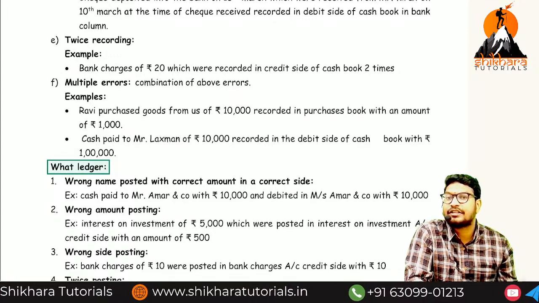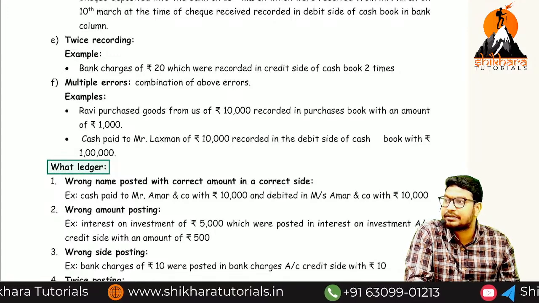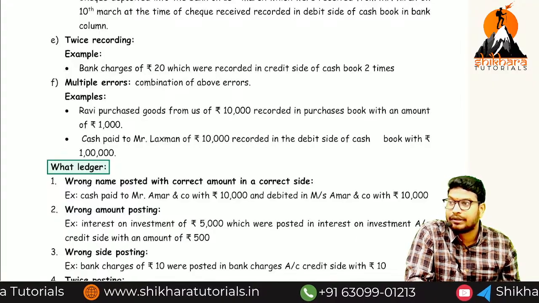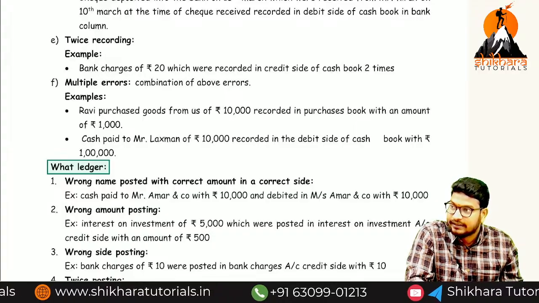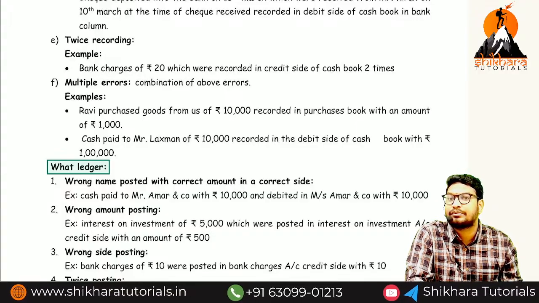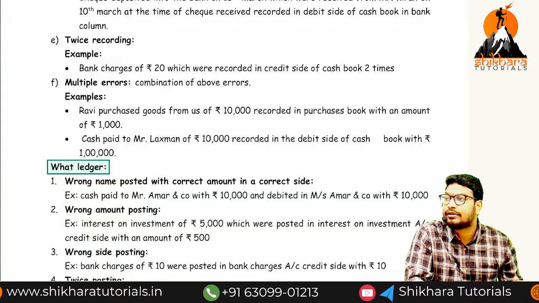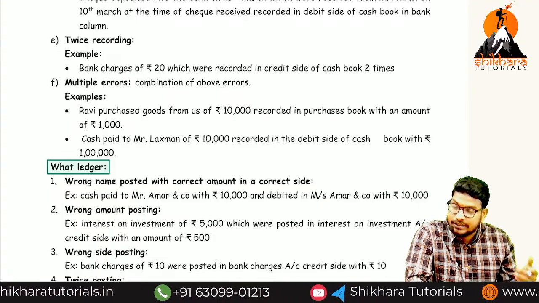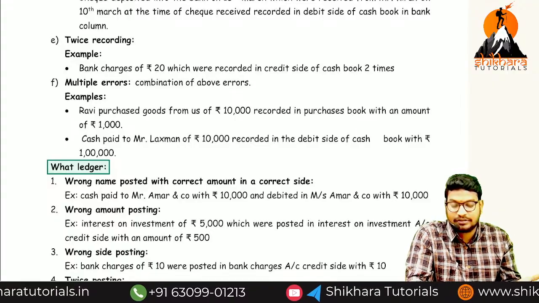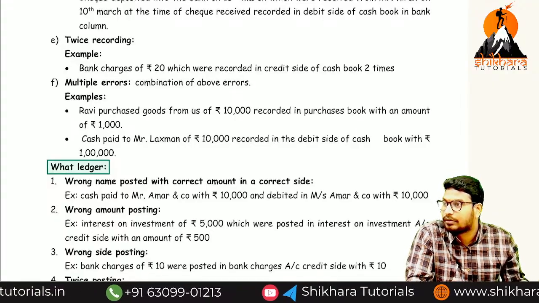In the error of principle, have we discussed it with respect to subsidiary books and ledger? No, because error of principle happens only in the case of journal. That is the reason there is no bifurcation of subsidiary books and ledger. Coming to the error of omission, full omission means there is no journal entry, so without a journal entry, no subsidiary books and no ledger.